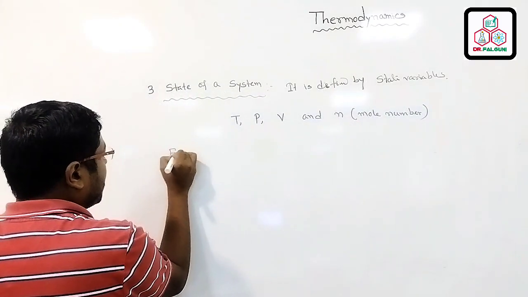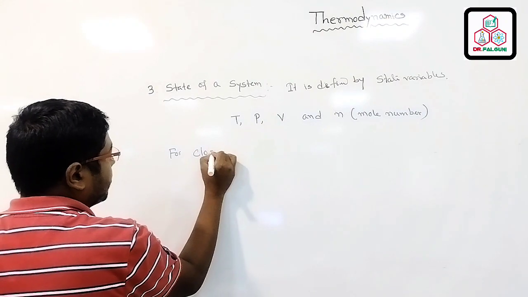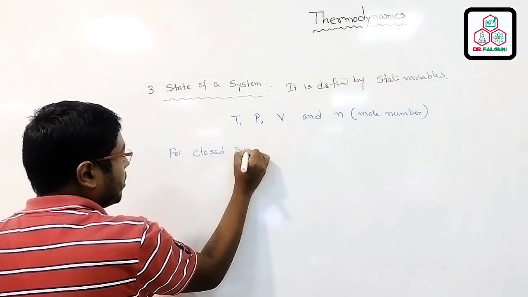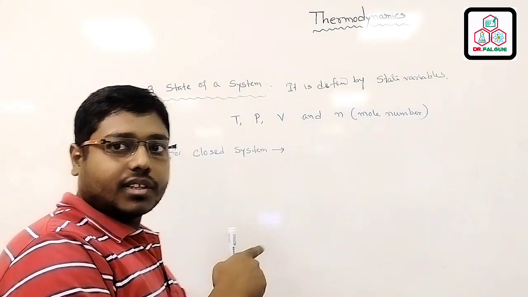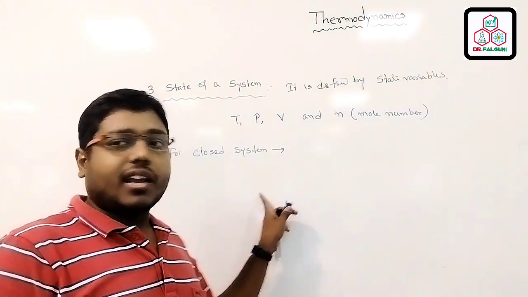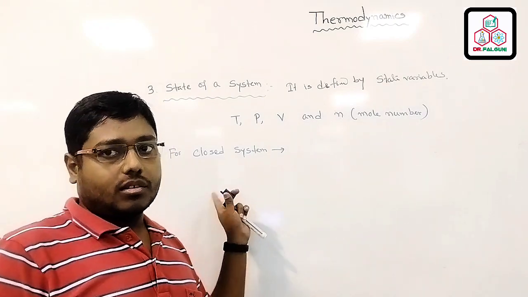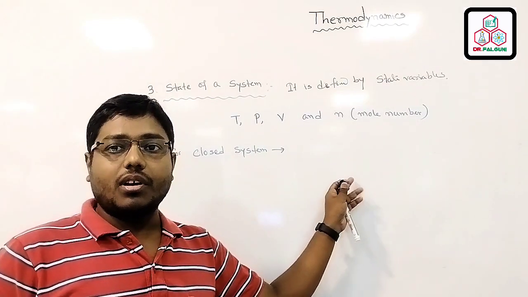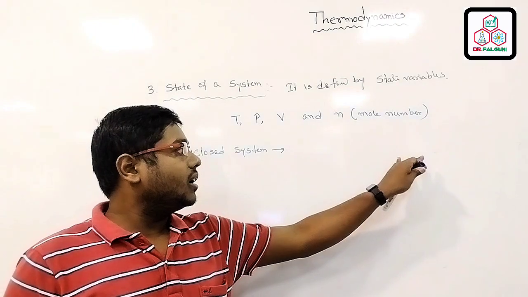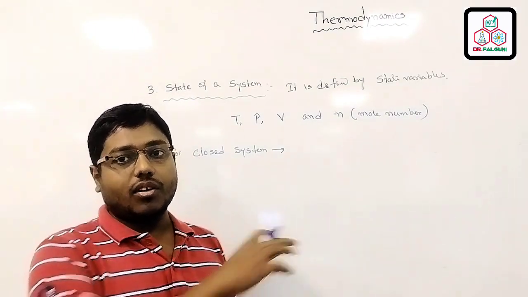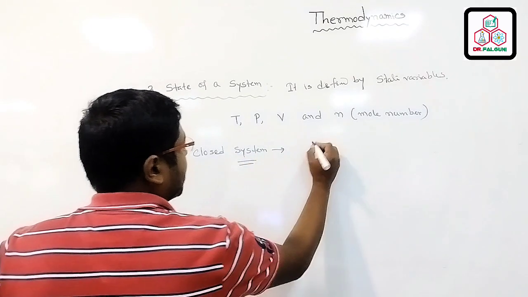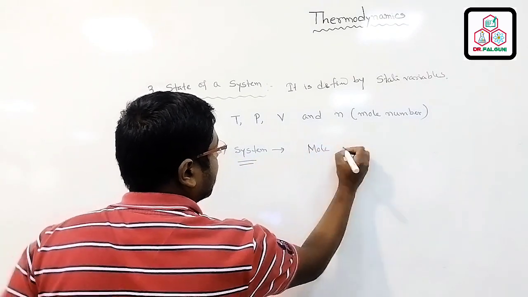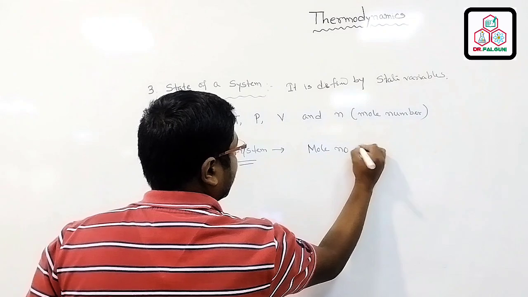For a closed system, I already discussed what a closed system is. That means mass cannot be transferred from surroundings to system, and from system to surroundings, right? For the closed system, the mole number is fixed.